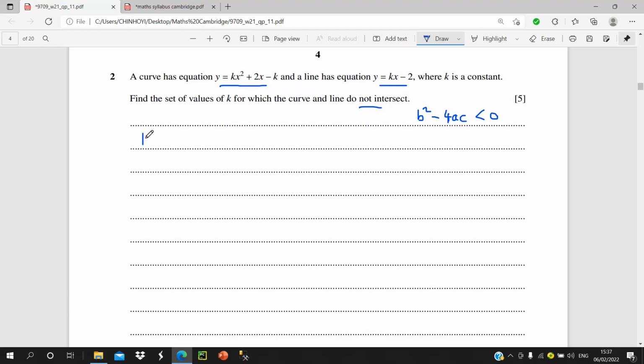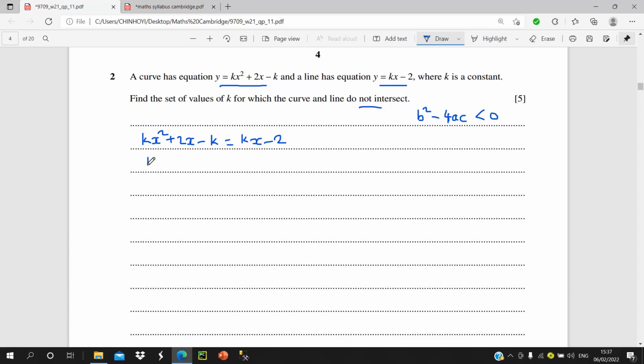So the first equation, y is equal to kx squared plus 2x minus k, is equal to, because this is the same y, where there is y we substitute kx minus 2. So that's solving these two simultaneous equations. Then we have to take everything to one side.